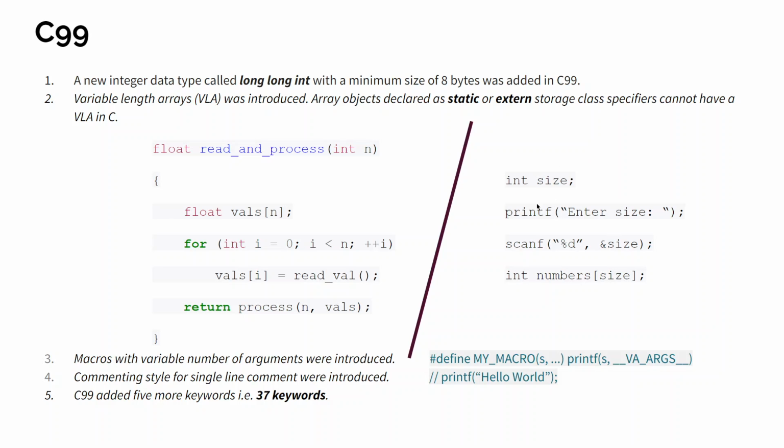This is also a simpler example of VLA. Suppose I declared a variable int size. When this line is compiled, 2 bytes of memory will be allocated, and printf enter size will display enter size on my console.